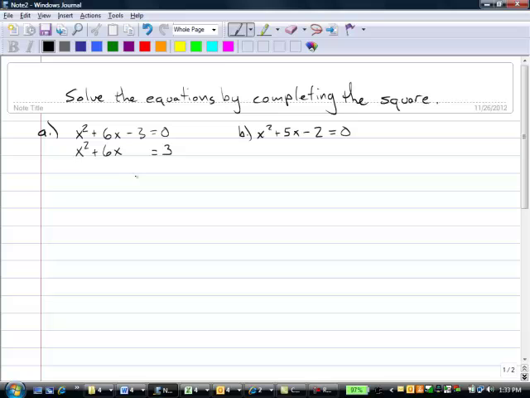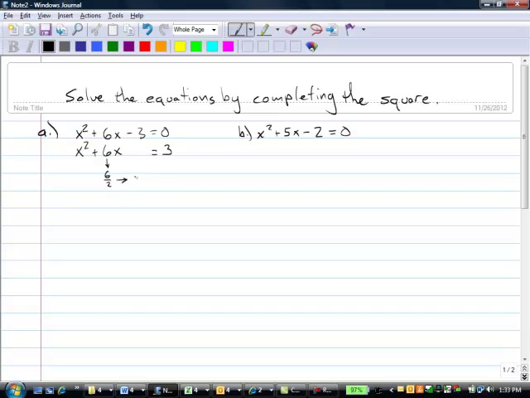That's the first step. Step 2 is to take the coefficient of the x term, this 6, and cut it in half.